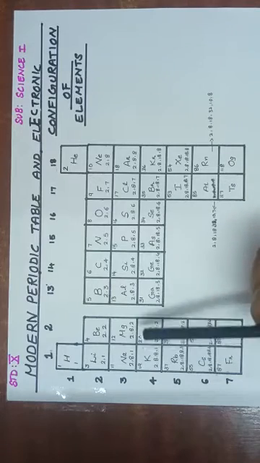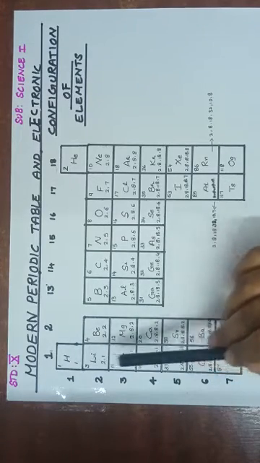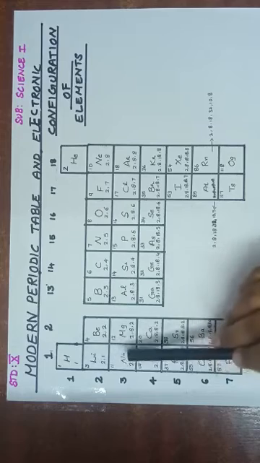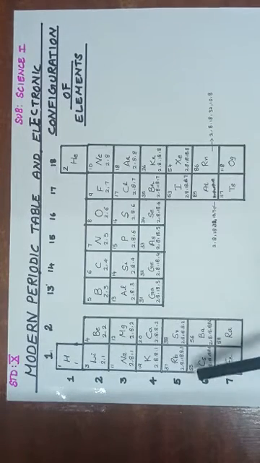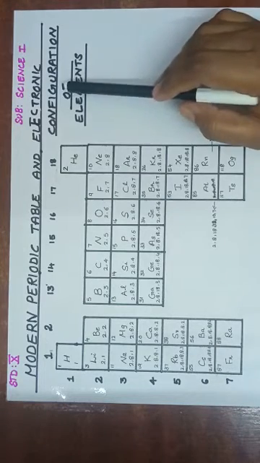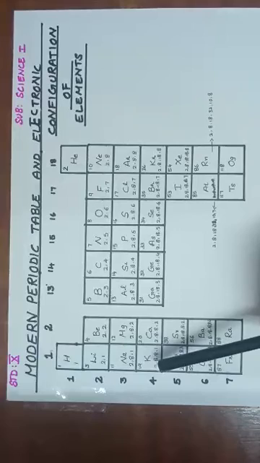And I have taken periods 1, 2, 3. In these 3 periods, all elements are taken, and the remaining groups and periods are not taken into consideration. Now we are going to learn the relationship between electronic configuration and groups.